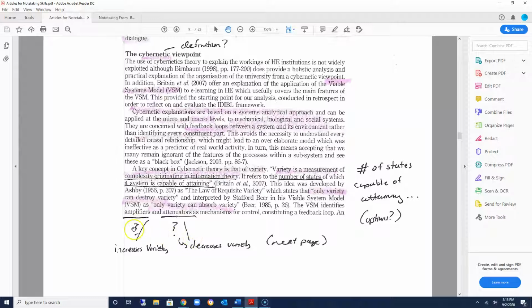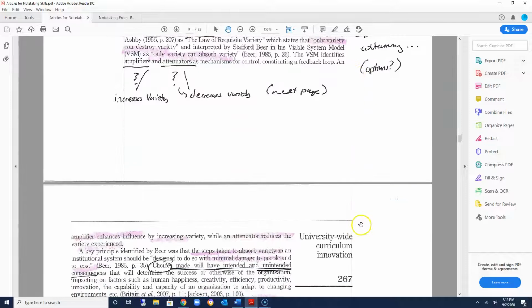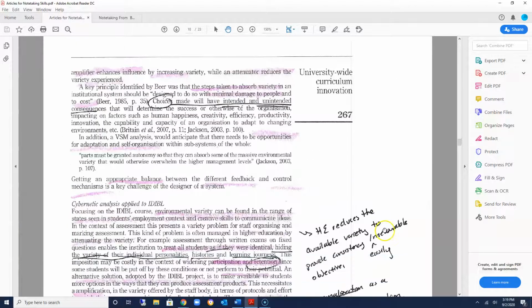So I had question marks underneath there because I didn't know what they meant. But on the next page, they provided the definitions. So I flipped back, gave myself those definitions, and gave myself the note that the definitions can be found on the next page. So you can see how interactive you really should be with the text.